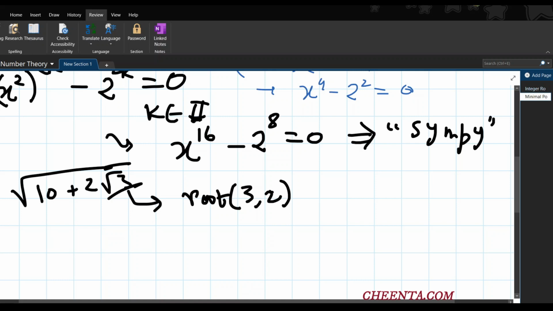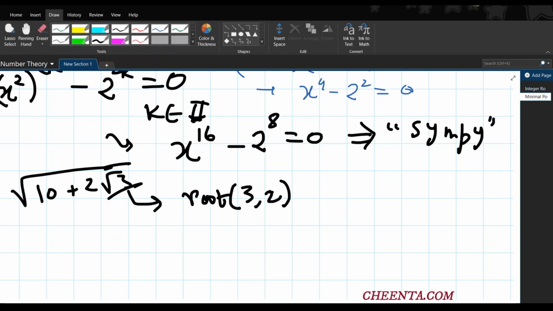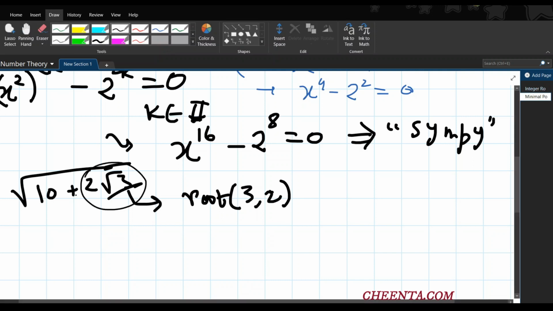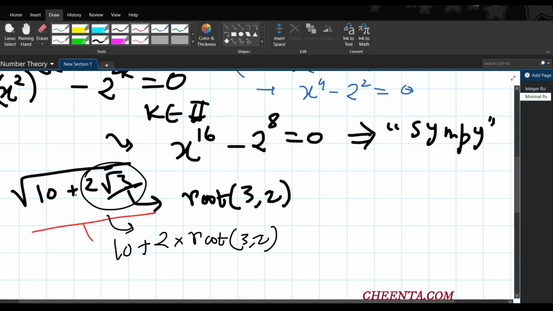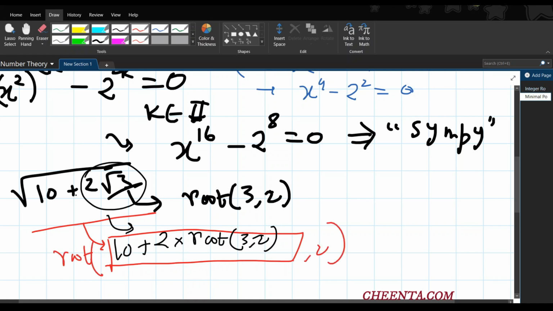So this total number is 2 times root of 3, 2, plus 10, and this plus 10 will give me this total number, and again I can take a root here, 2, and it will give me my desired result.